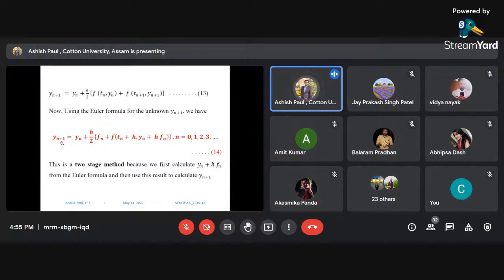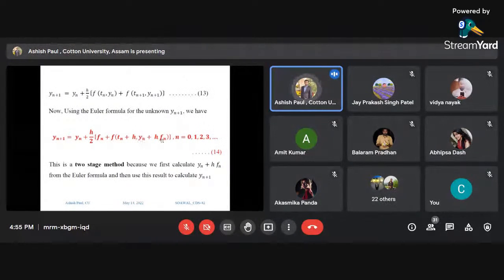What is this equation 14 about? Yn plus 1 is equal to yn, as in Euler's method, but in Euler's method we had h into fn, while here it is h by 2 times the average of the slopes: fn and then f of tn plus h, that is tn plus 1, and yn plus h into fn.